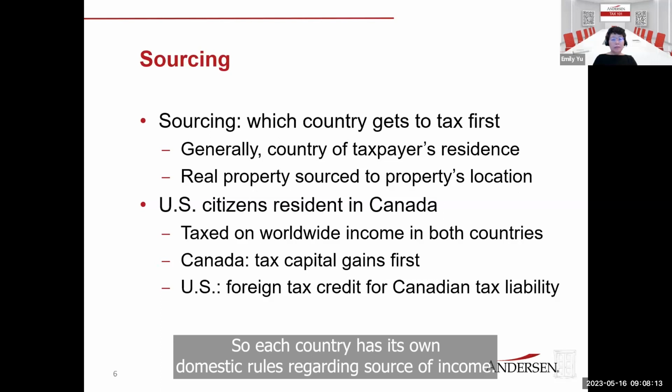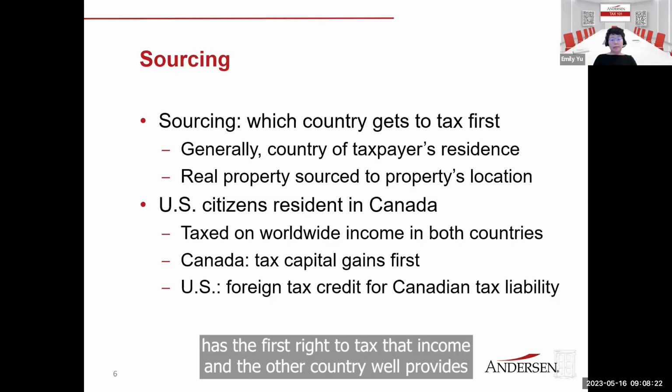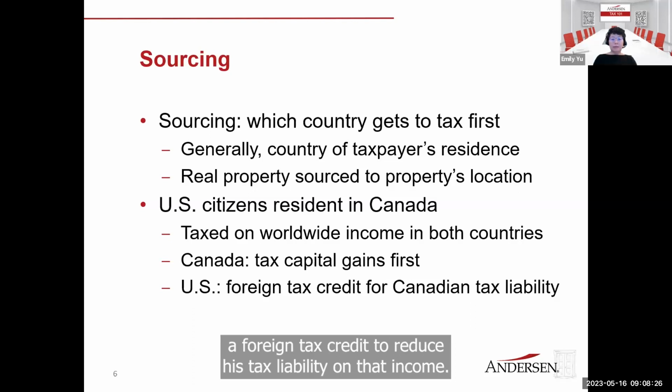Each country has its own domestic rules regarding source of income. Generally, the country where the taxpayer is a resident has the first right to tax that income, and the other country will provide foreign tax credit to reduce its tax liability on that income.